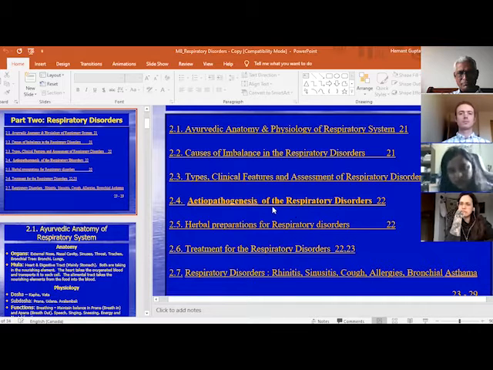I will explain this procedure when I describe the whole respiratory tract.